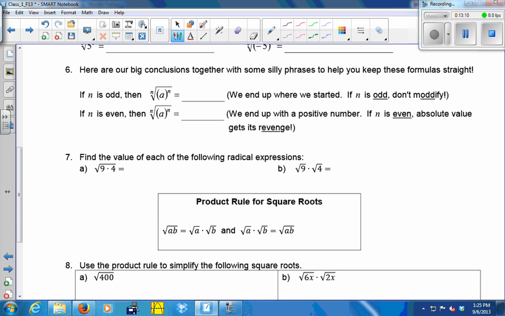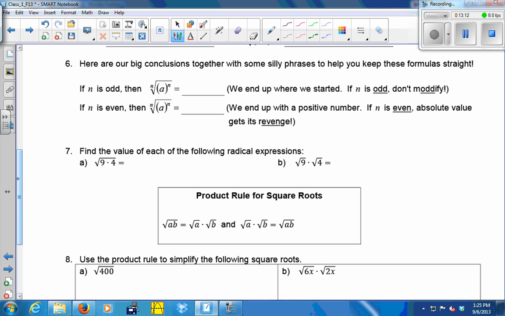So here are the big conclusions, some silly phrases to try to help you remember. If n is odd, then the nth root of a to the n is a. We end up where we started. If n is odd, don't modify. If n is even, the nth root of a to the n is the absolute value of a. We end up with a positive number.